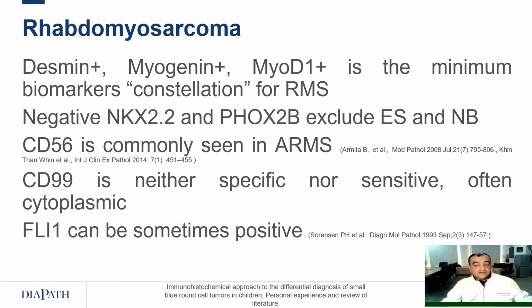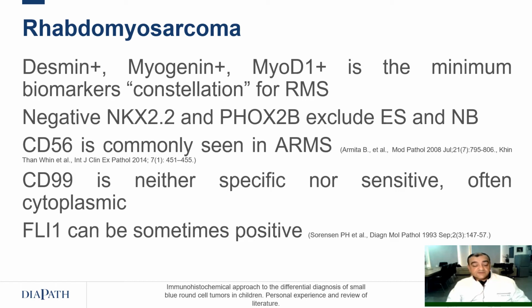CD99 is not specific and not sensitive for rhabdomyosarcoma. To regard it as positive, we must have very intense membranous staining, and if we have cytoplasmic staining, we just disregard the positivity. As for the FLI1 gene and FLI1 antibody, we saw previously that FLI1 is a characteristic and sensitive marker for Ewing sarcoma, and sometimes in rhabdomyosarcoma, FLI1 can also be positive.